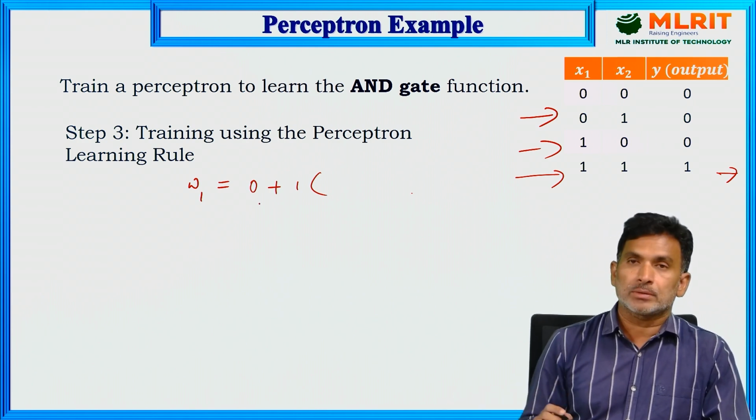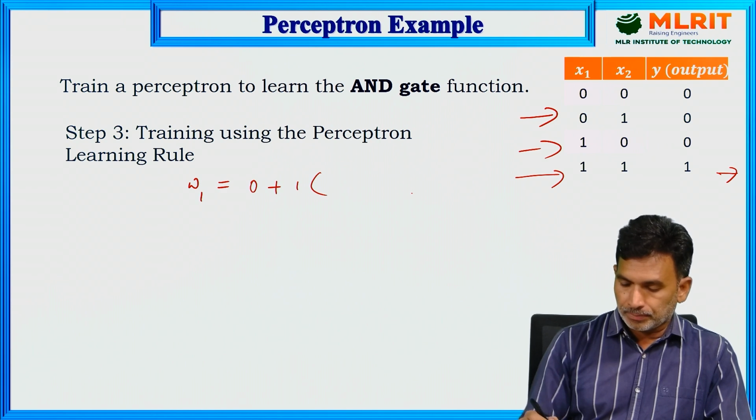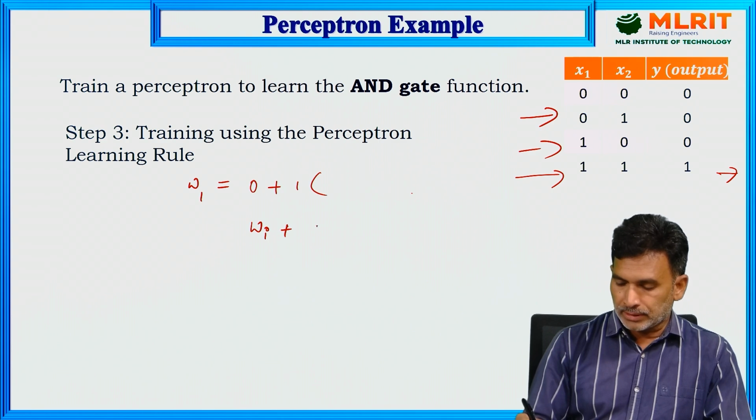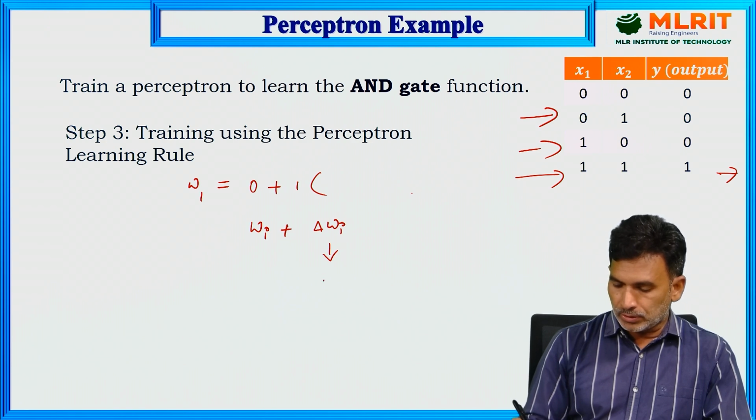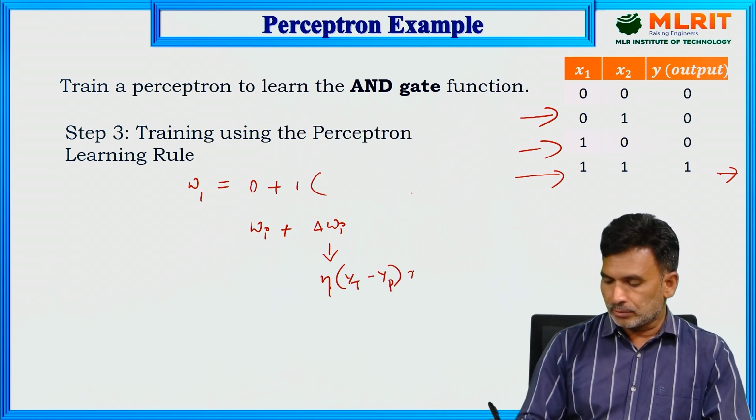So the new weight is the previous weight wi plus delta wi. This delta wi is equal to the learning rate times the y actual value minus the y predicted value times x1.